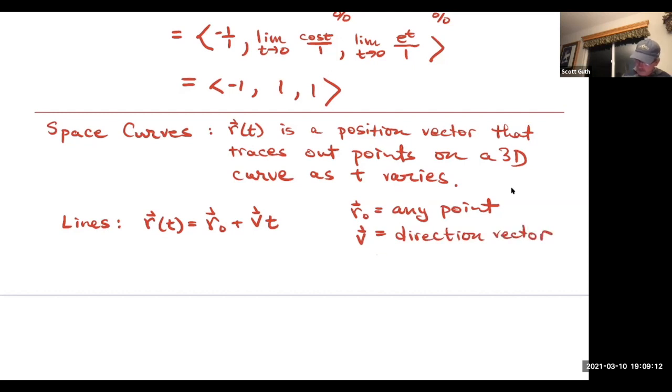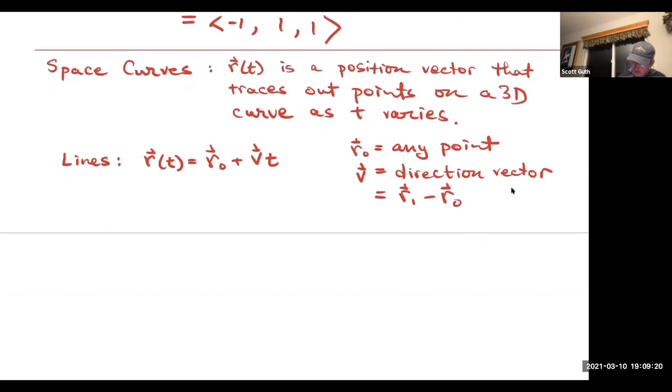Okay, and this could be R1 minus R0 if you want a formula for V. R1 is a position at time 1. It doesn't matter what time it is. Position 1, R0 is position 2, and 2 points define a line.